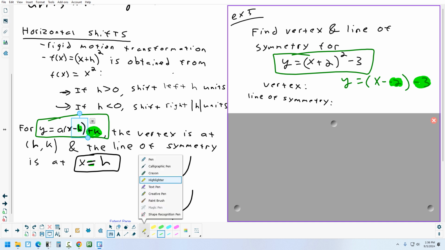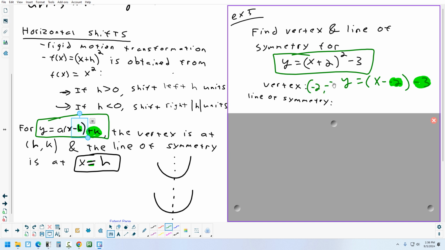Okay, so what do you think the vertex would be? -2 and -3. Yep. You went left 2, down 3. Think if you started at the origin, which is where it would have been, and you go left 2, down 3, that's where you end up.